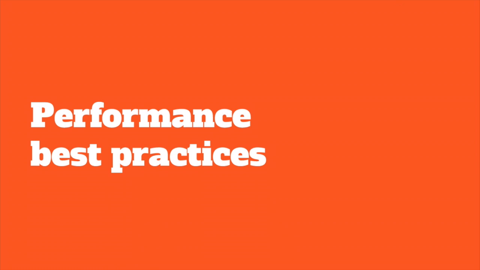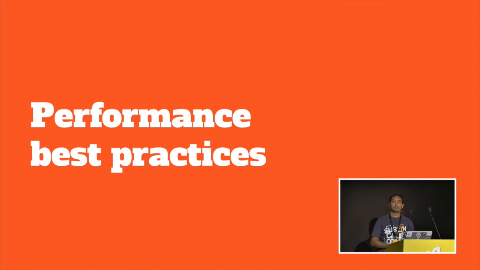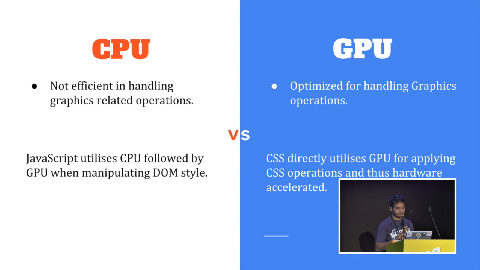So what are the performance best practices? As I mentioned earlier, you might want to think of them as best practices or even hacks. But yeah, if you want to make your customers' experience smooth, then this is the way to go. First is CPU versus GPU. CPU is not efficient in handling graphics-related operations, while GPU is built for it, right?